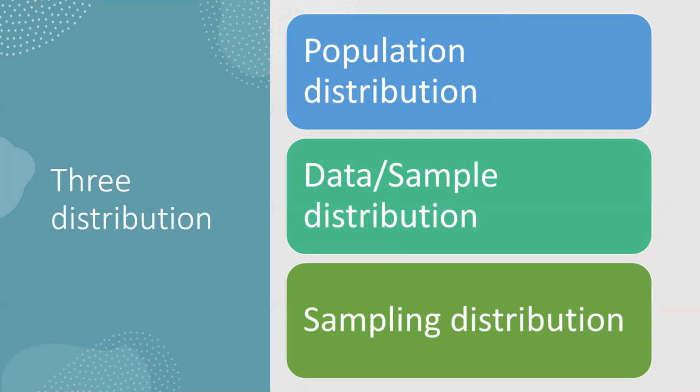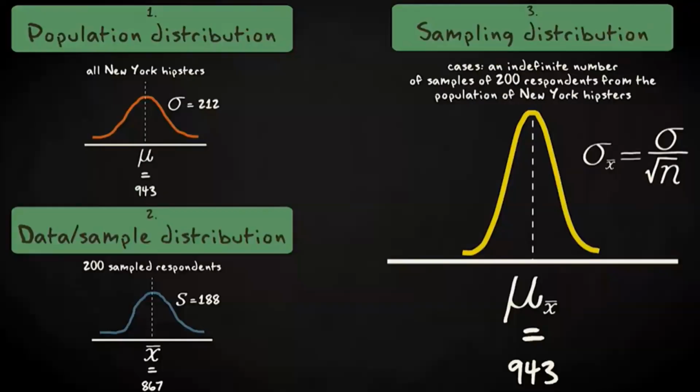So we have three distributions, right? One is the population distribution, one is the sample distribution or data distribution, and another one is the sampling distribution. Population distribution means we have data for the entire population, whose mean is something like 900, for example, and your standard deviation is this.